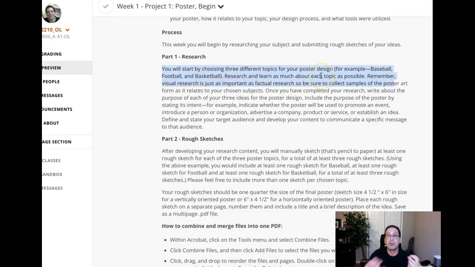You'll start by researching three different topics, present your research, post your sketches, and then the class comments on your sketches, your research, etc. At that point, you adjust the work and resubmit it for Sunday's final submission. In this case, you would have included two additional subjects.